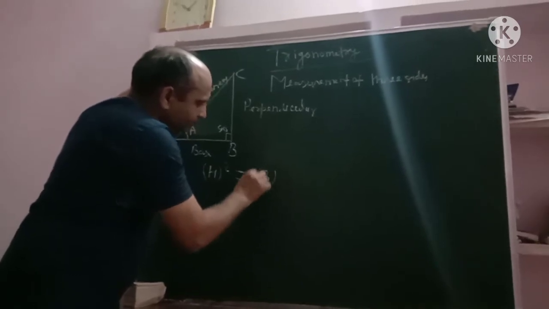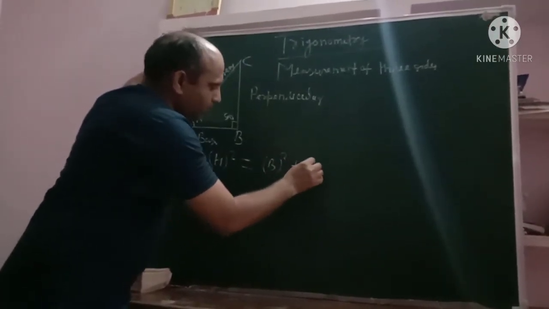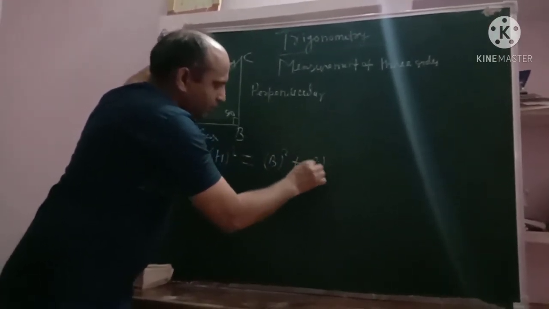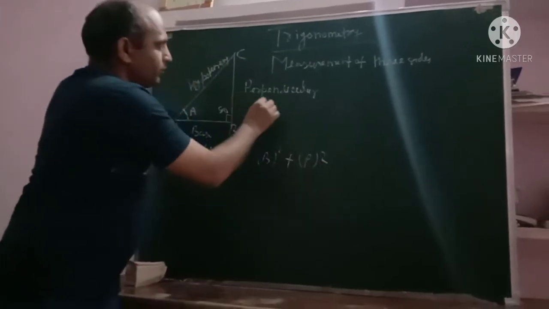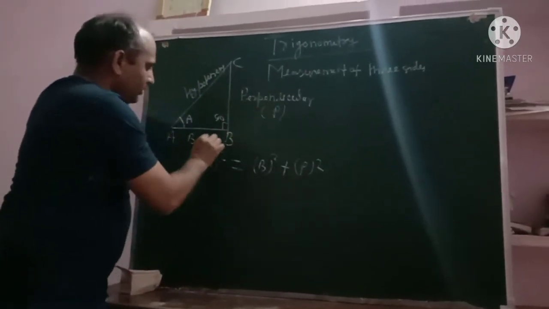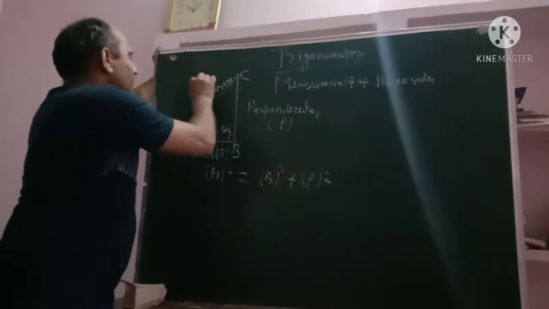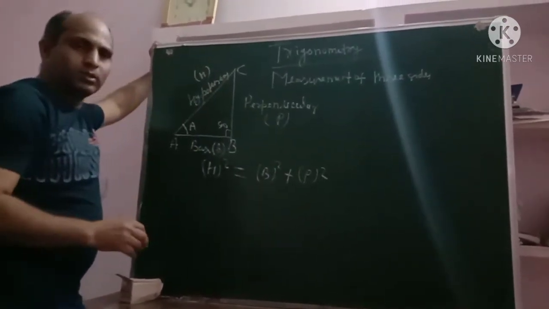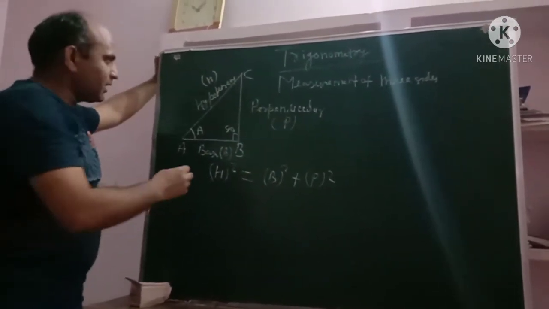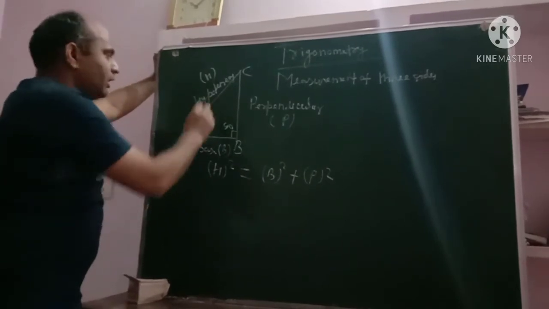Base square plus perpendicular square: we can say P over here, B here, and H. In terms of the length of the sides, the hypotenuse side is AC.